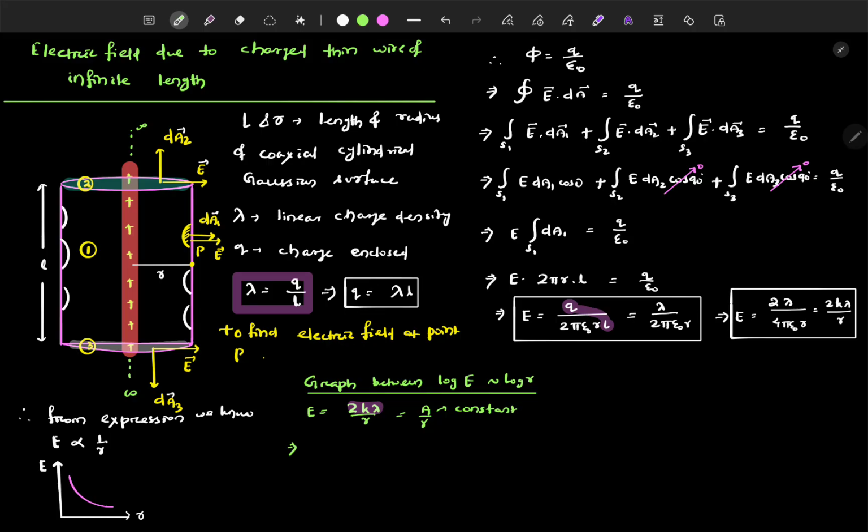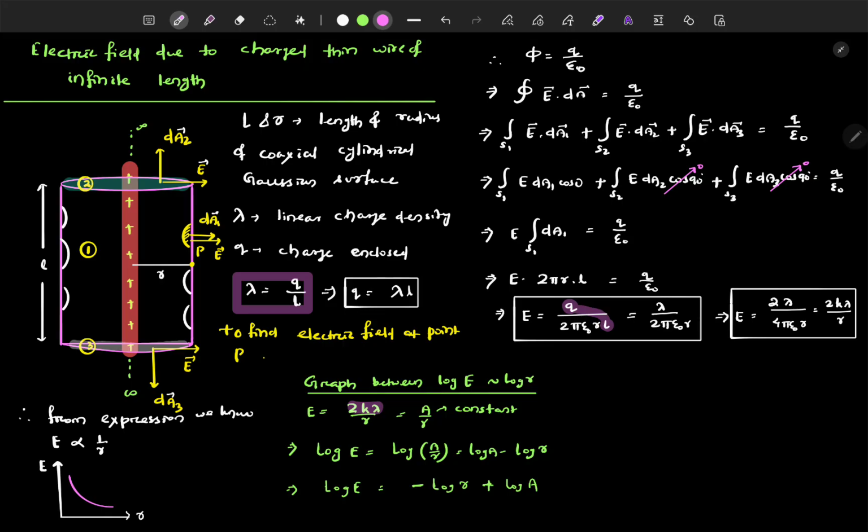So by taking log on both sides, log E is equal to log of a by r, and log of a by r can be written as log a minus log r. So log E is equal to minus log r plus log a.